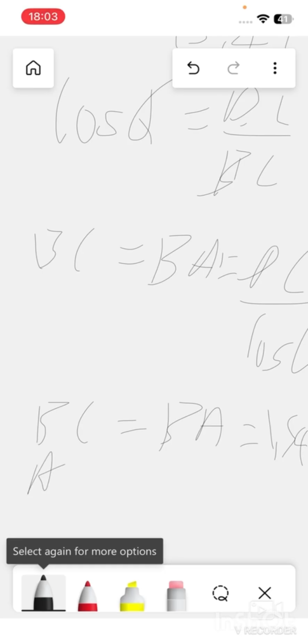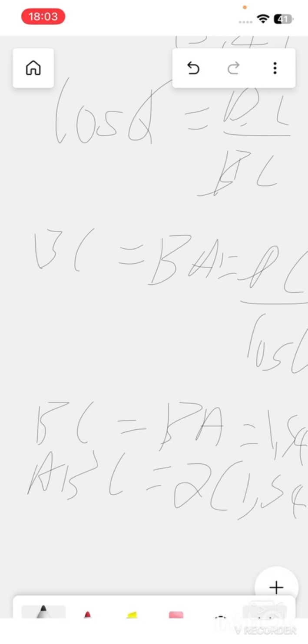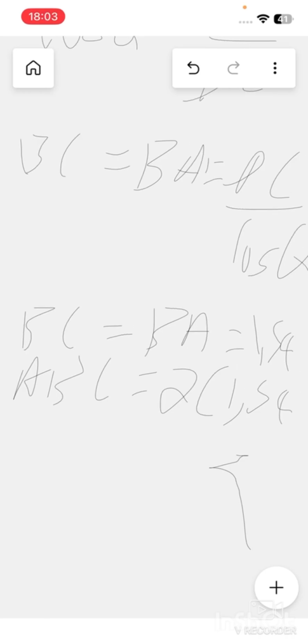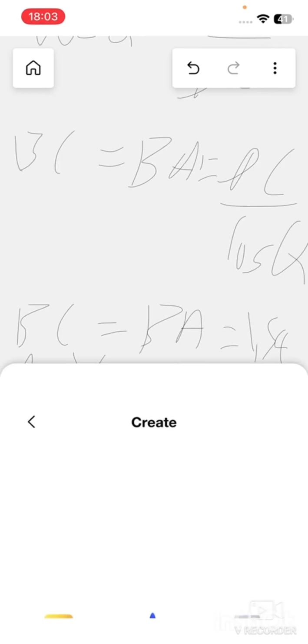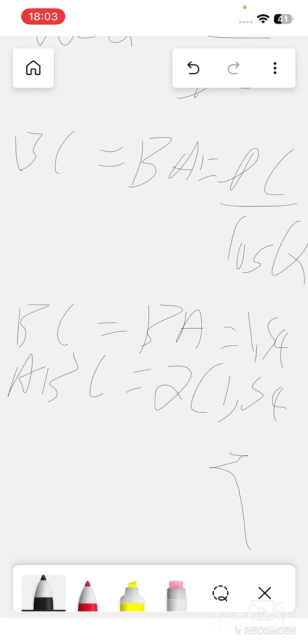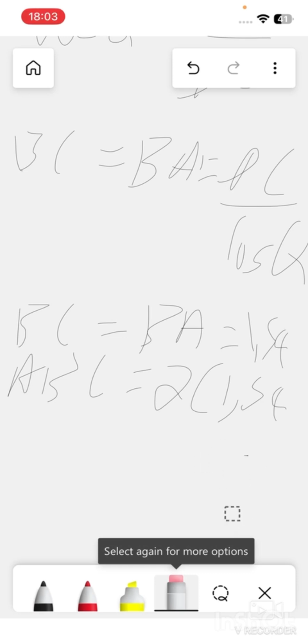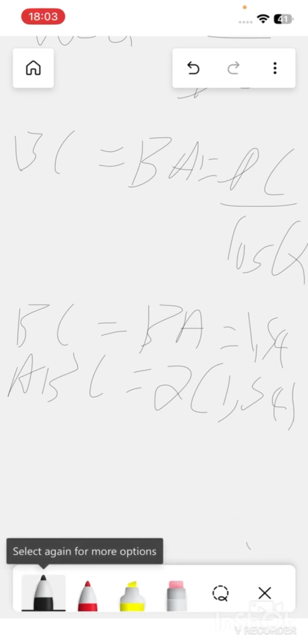Our ABC is going to be 2 times 1,54, which is going to be our ABC is equals to 3,09 meters.